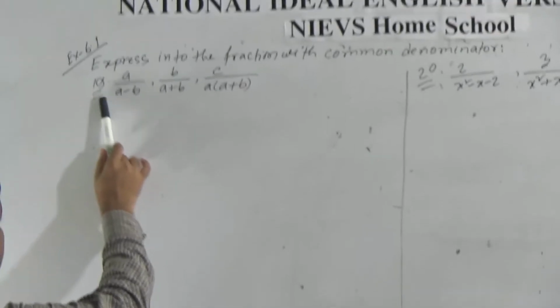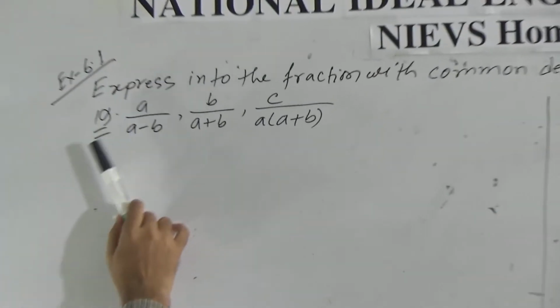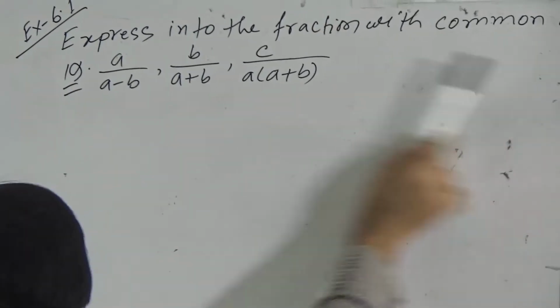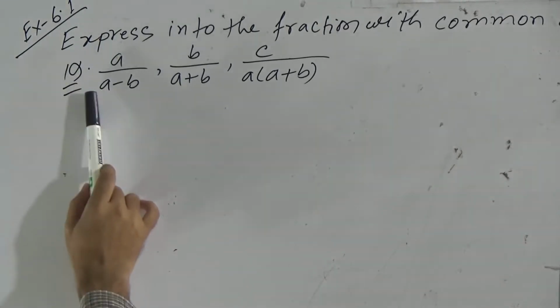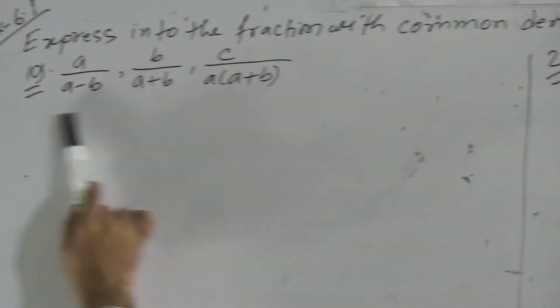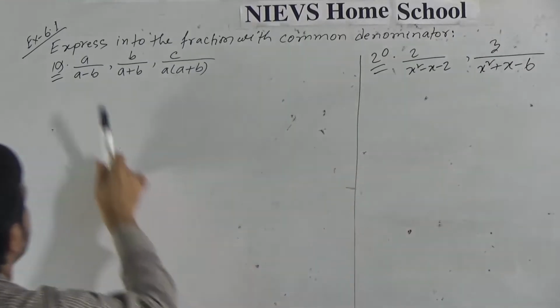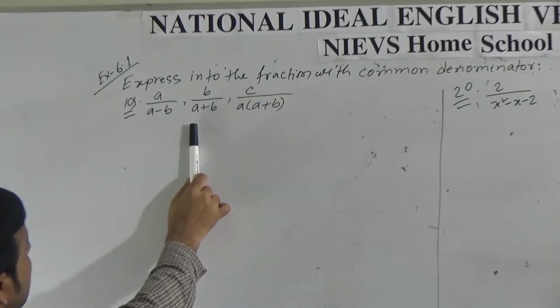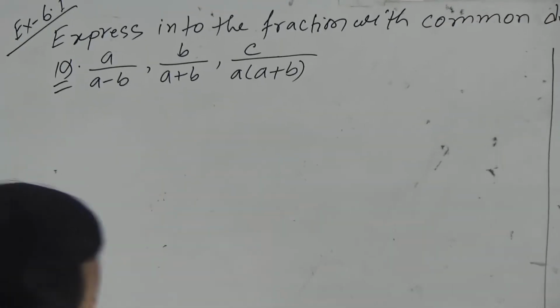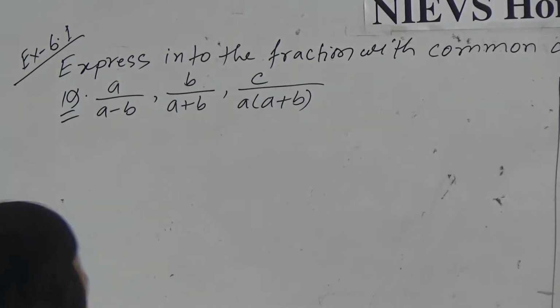Our first question is question 19. In questions 19 and 20, some fractions are given. We have to express these fractions into fractions with common denominator.